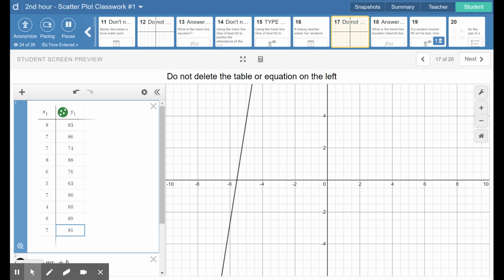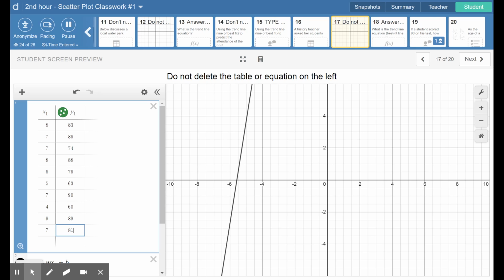I'm going to recheck the numbers: 8, 7, 8, 6, 5, 7, 4, 9, 7, 83, 86, 74, 88, 76, 63. Okay. Notice that the trend line or the line of best fit graphed, but you don't see any points.